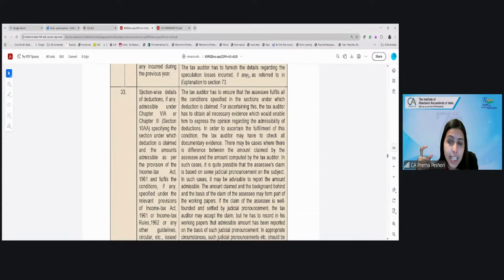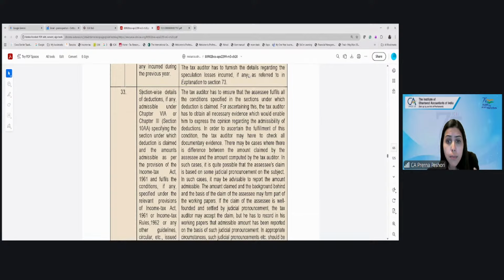Whether all 80C, 80D deductions also in case of individual, or only for the sole proprietor? So here, only with respect to the business deductions which are claimed, in respect of which the audit is carried out. The deduction under the income tax return for an individual may relate to his salary income also. Here I have to just report the deductions which are pertaining to the business, because the audit is for the business.